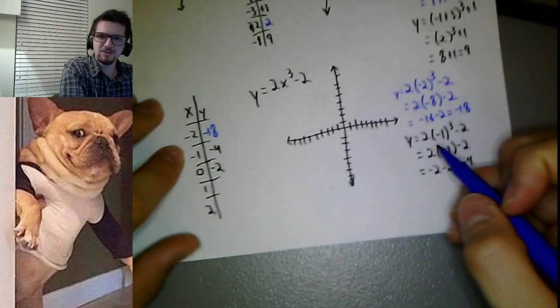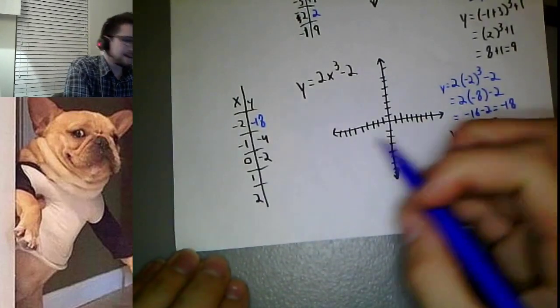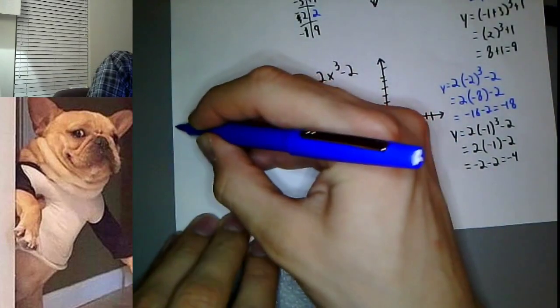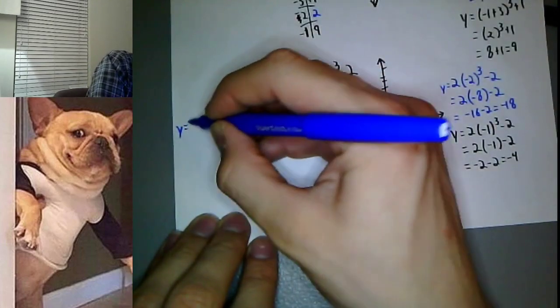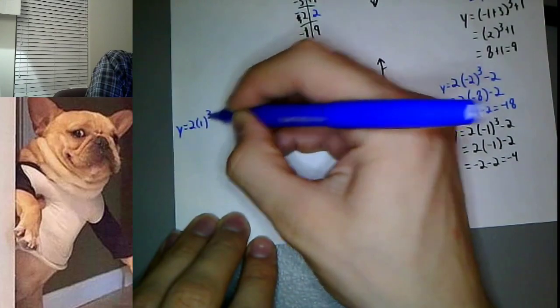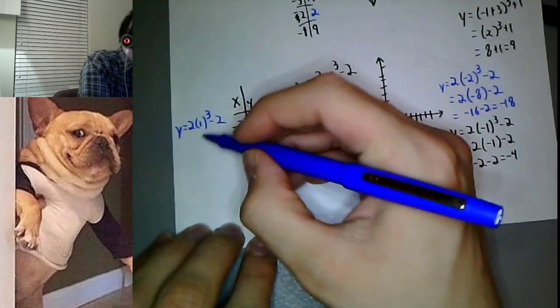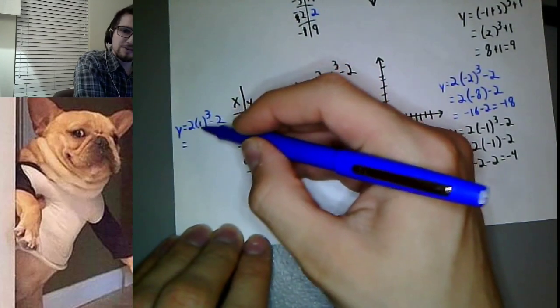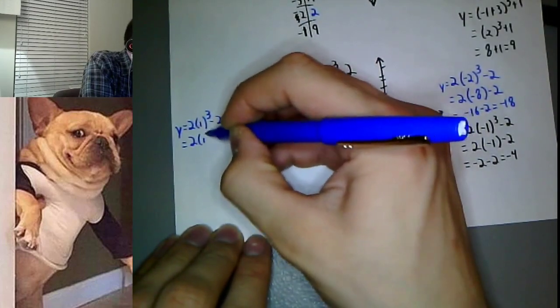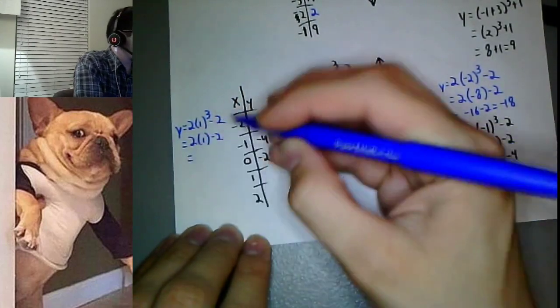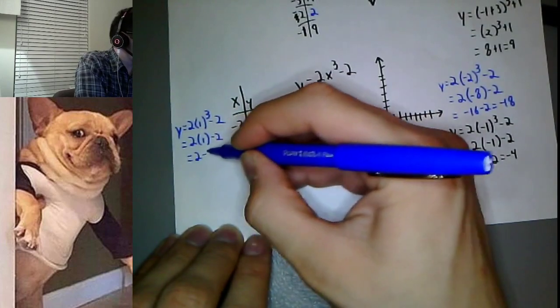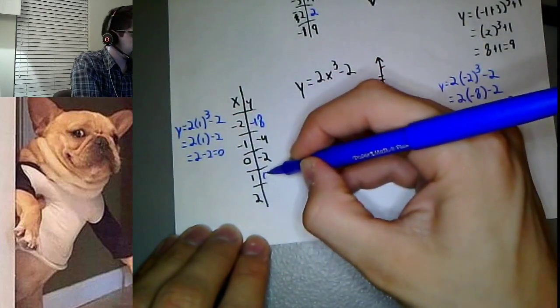And I'm already out of room, so I'm going to have to do the other two over here. If I plug in a positive 1, I get y equals 2 times the quantity of 1 cubed minus 2. 1 cubed is 1, so I get 2 times the quantity of 1 minus 2. That gives me 2 minus 2, and that gives me 0.